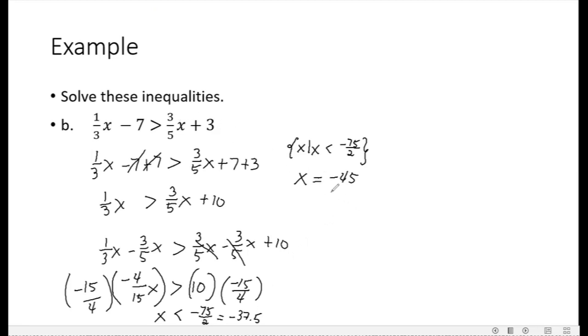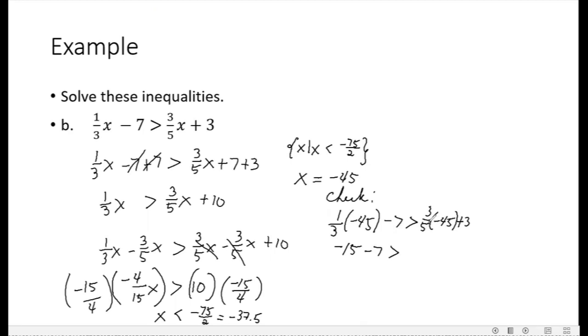From the original, let's check. We have 1/3 of negative 45, minus 7, then 3/5 times negative 45 plus 3. Then 1/3 of negative 45 is negative 15 minus 7, and 3/5 of negative 45.